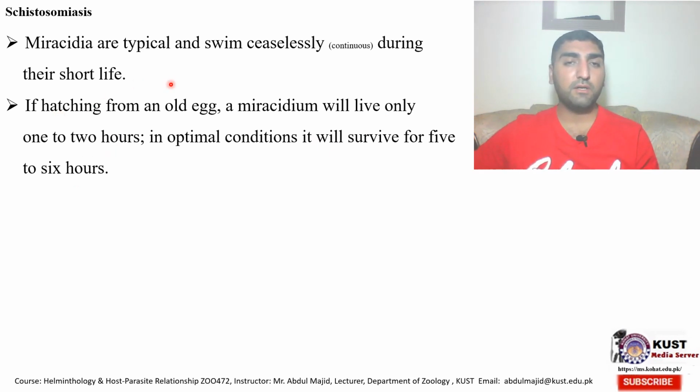So it has a very short life after its hatching, and it must reach the next host for continuation of its life. If the conditions are very optimum, it may survive for 5 to 6 hours maximum.